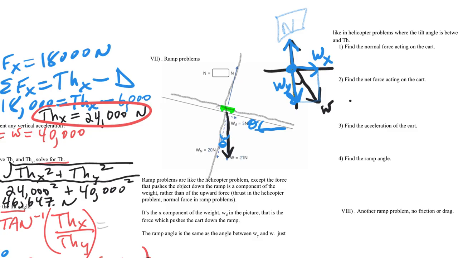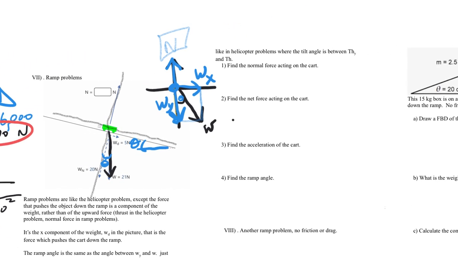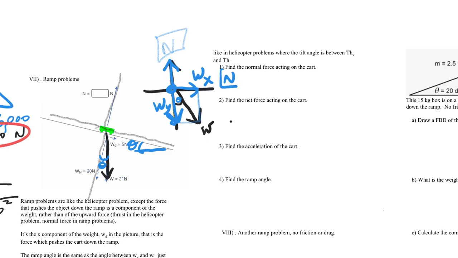So you gotta make that flip. Okay, so there's the angle right there. Okay, so we've set this up. Find the normal force acting on the cart. Well, the normal force has to equal the y component, because the cart is not accelerating into the ramp or off the ramp.